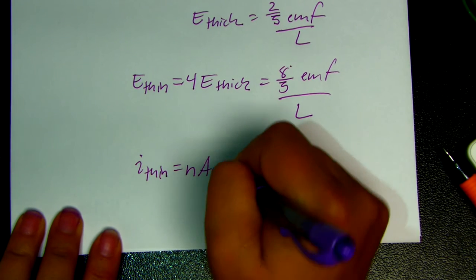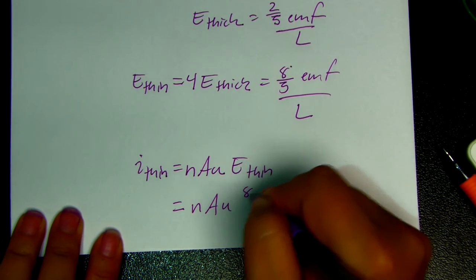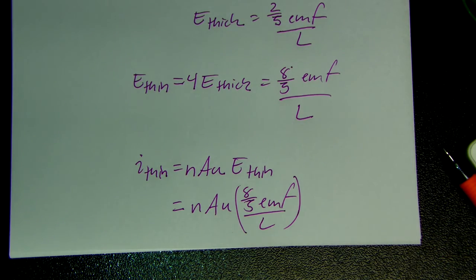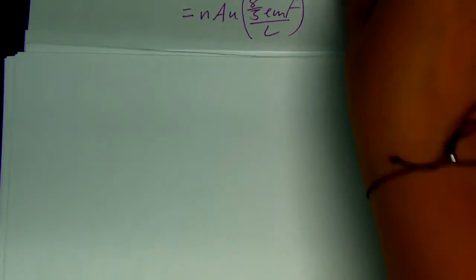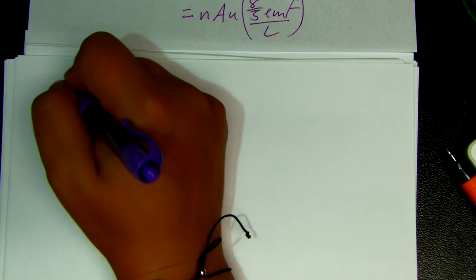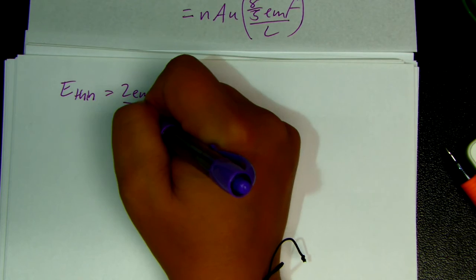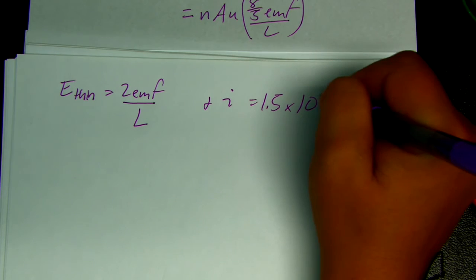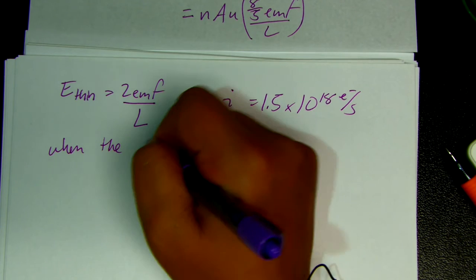And I thin is equal to n A u E thin, which is equal to n A u 8/5 EMF over L. All right, so we still don't have a current quite yet. We want the number of electrons per second. We need a number. So for the bulb by itself, E thin is equal to 2 EMF over L, and I is equal to 1.5 times 10 to the 18 electrons per second.